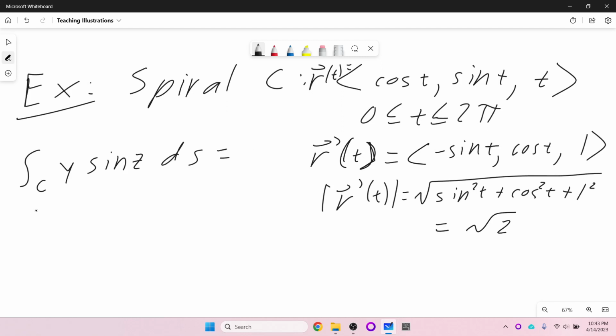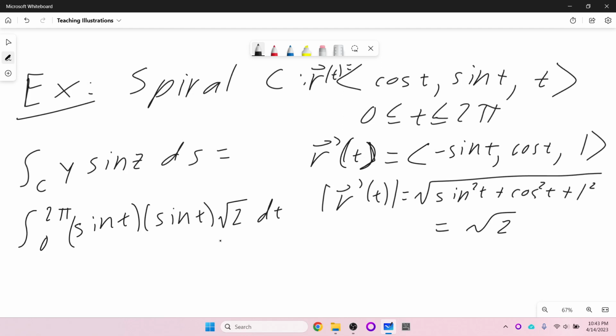So this will become the integral from 0 to 2 pi of, okay, y is sine of t. z is t, so it's another sine of t. Then ds would be root 2 dt. So 0 to 2 pi of root 2 sine squared t dt.